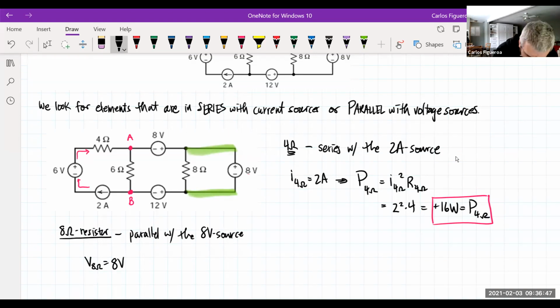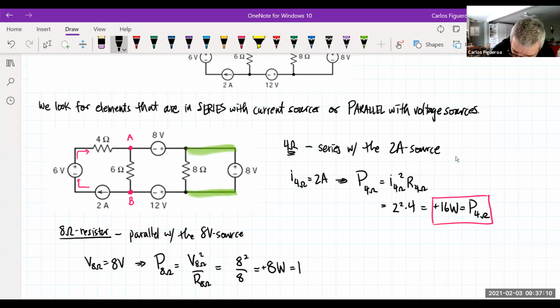But if it's 8 volts, then I could calculate the power of the 8 ohm, because that's going to be the voltage of the 8 ohm squared divided by the resistance. So if I plug that in, I'm going to get 8 squared divided by 8, which tells me I'm going to get plus 8 watts for this guy right here.